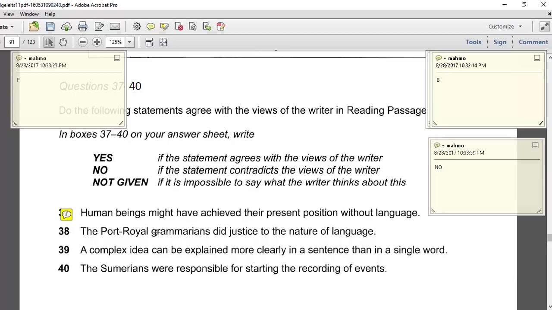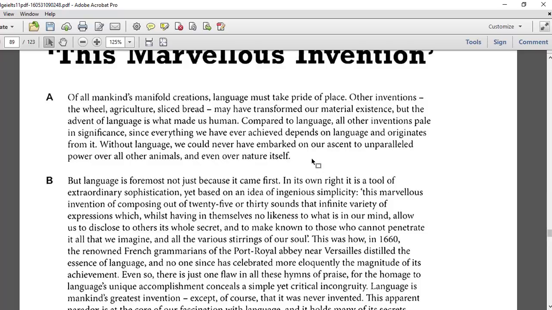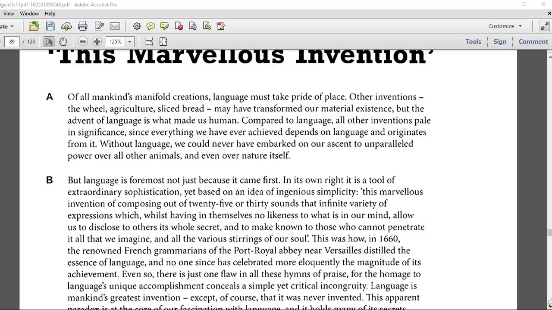Number 38, the Port Royal grammarians did justice to the nature of language. Port Royal grammarians, I remember we passed through this. Let's scan it in the passage and see whether they did justice to the nature of language or not. It's not in the first paragraph, of course. In the second paragraph, let's see.